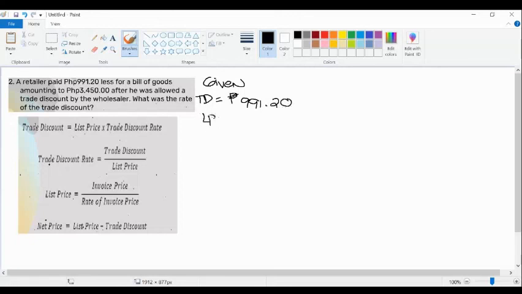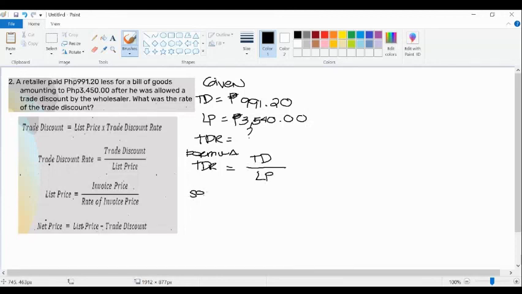We also have the list price of 3,450 pesos. And we're looking for the rate of the trade discount or trade discount rate. The formula for that is trade discount rate is equal to trade discount over your list price.